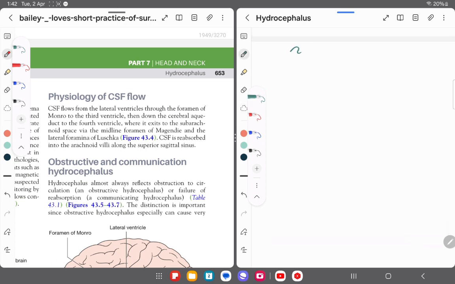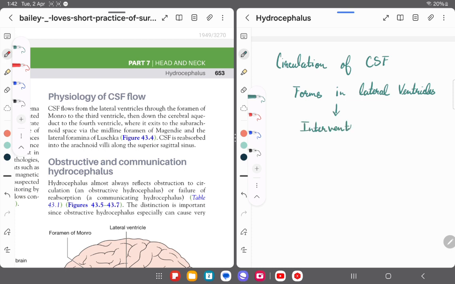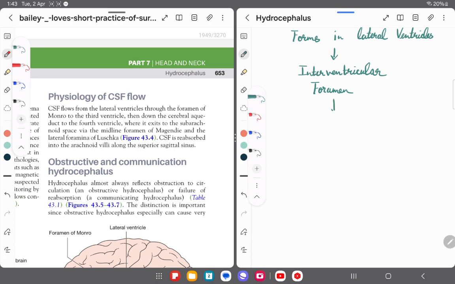The circulation of cerebrospinal fluid, CSF. It forms in the lateral ventricles, and then it passes through the interventricular foramen, then to the third ventricle.